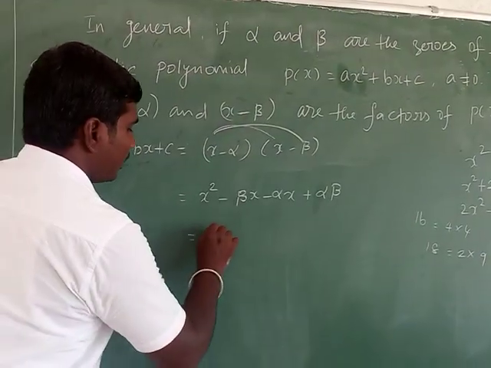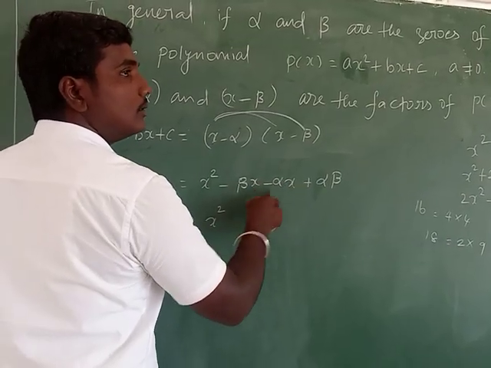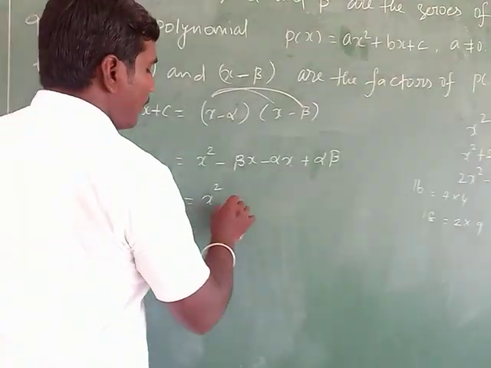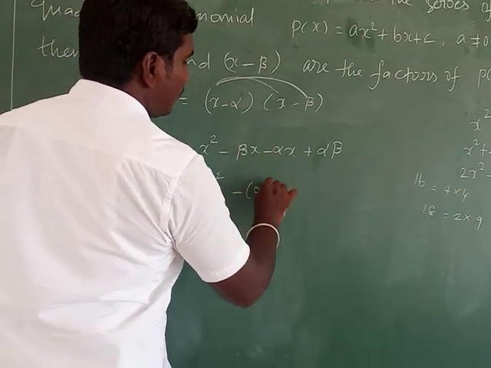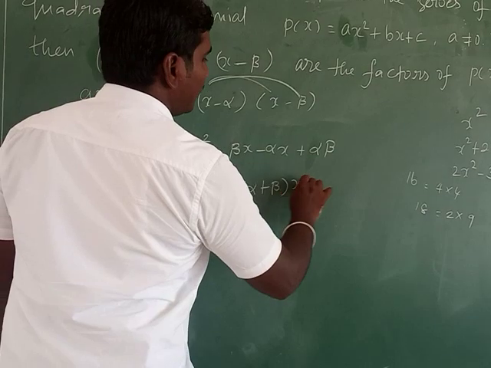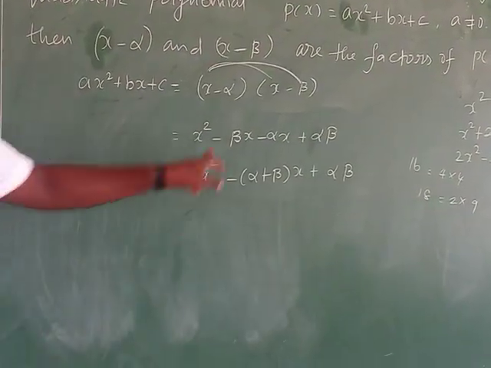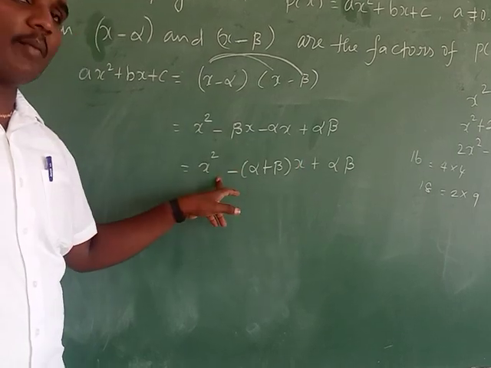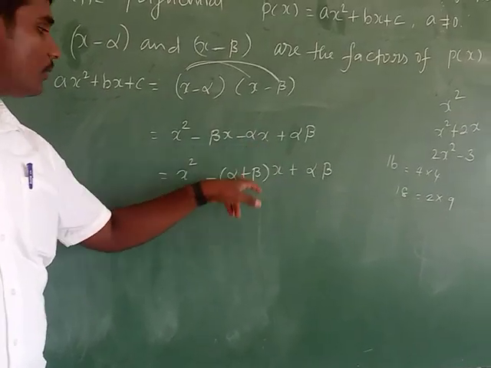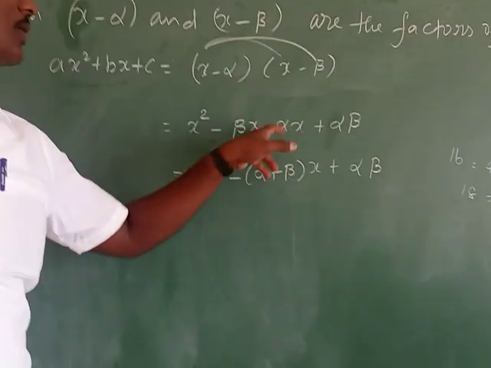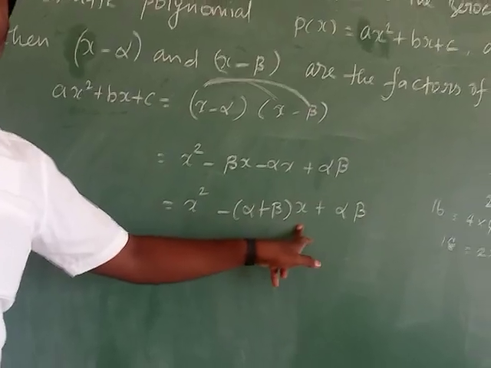Now, taking x as a common factor, and minus also common: x square minus alpha plus beta into x plus alpha beta. Here taking minus as common leaves alpha plus beta, and x is a common factor.